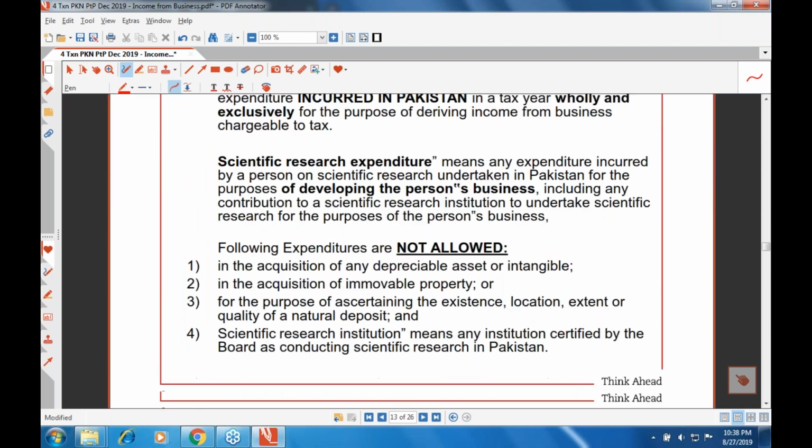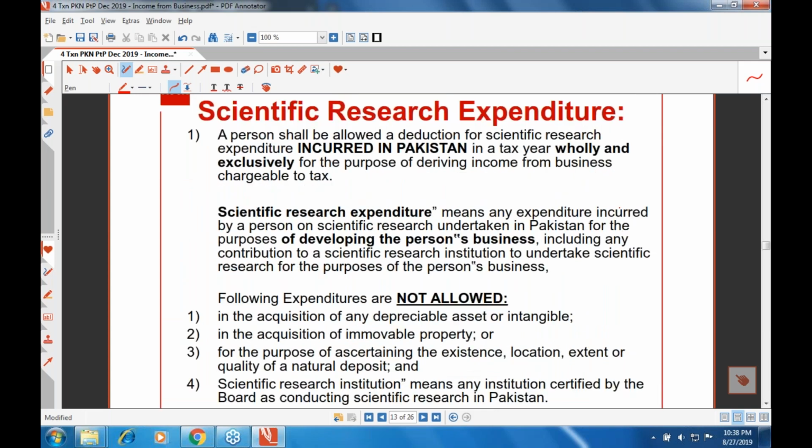The first thing that I'm going to talk about is the scientific research expenditure. Now, what exactly is the scientific research expenditure? A lot of companies, while conducting business, have to perform some research to explore new products, to explore new processes, to have alternate solutions to problems, etc. They do invest a lot into scientific research expenditure.